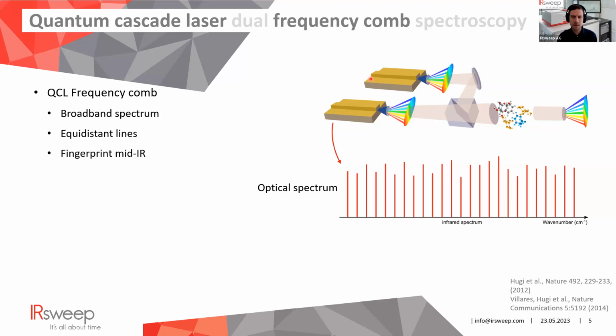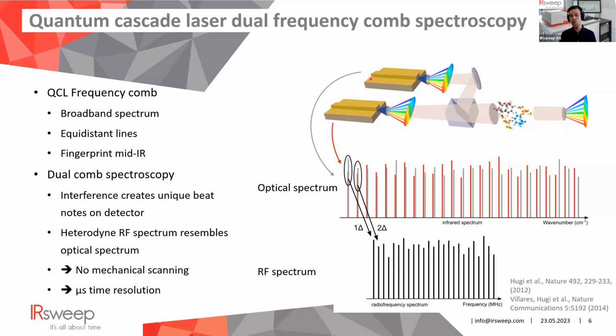And in our spectrometers, we use two of these laser sources, and we overlap them on a beam splitter and send them together through a sample and onto a single point fast detector. So what happens at the detector is we will observe optical interference between the two laser fields, and this will result in sinusoidal signals on the detector, the so-called beat notes, at the difference frequencies between the optical frequencies of the combs.